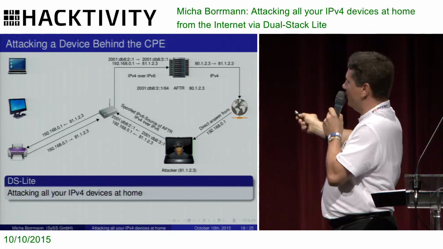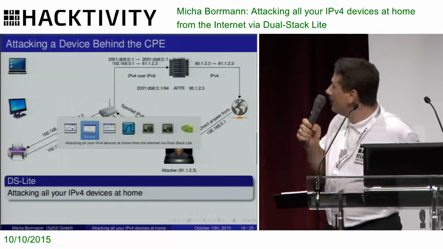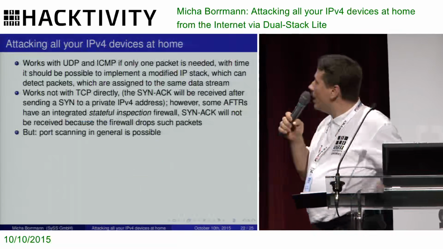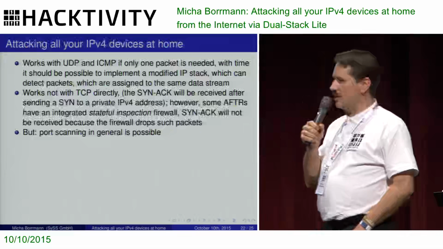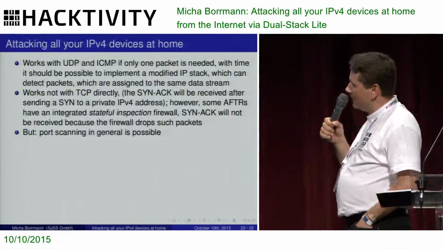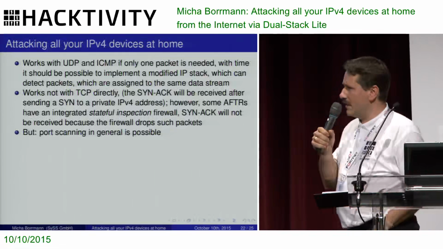It will not come that way. But with UDP and ICMP, it works fine. And with TCP, you can have so-called acknowledge scanning. It means only an ACK packet. It's sent through all AFTRs I've checked in the past.